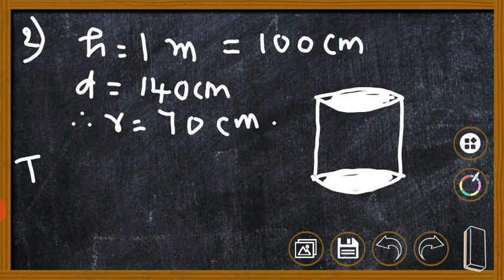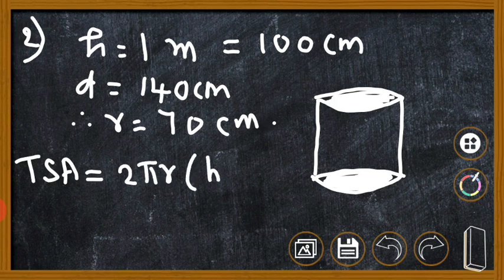The question is how many square meters of sheet are required, so TSA we have to calculate. The formula is 2 pi r into h plus r.